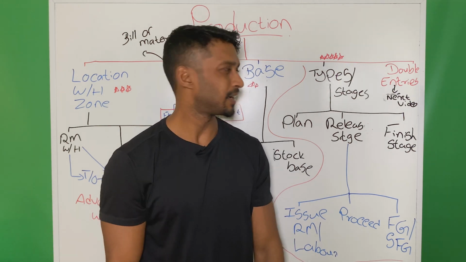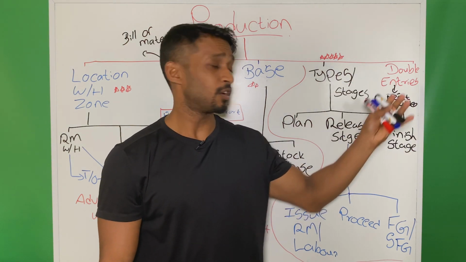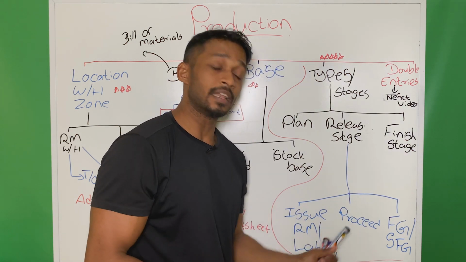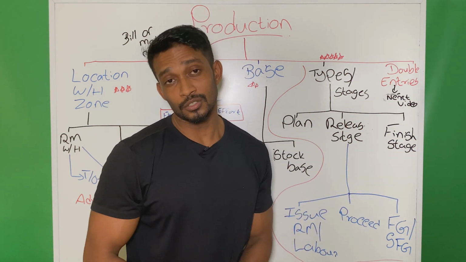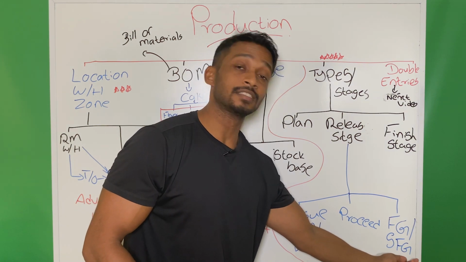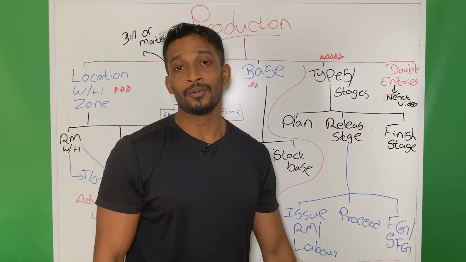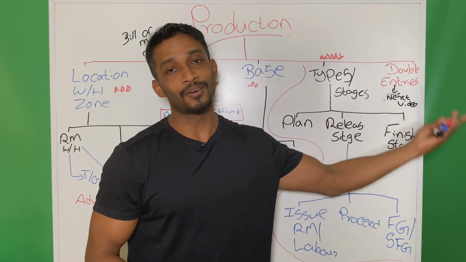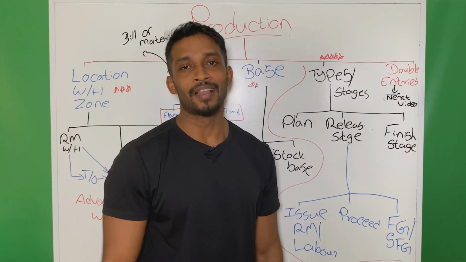There are only a few double entries, but when it comes to practice and business scenarios, users face a lot of issues, because sometimes you issue less than the actual required quantity, sometimes you issue excess, and sometimes you get excess output. At that time, it will affect your inventory value. If you made a mistake and already sold these goods, it will directly affect your cost of goods sold balance.